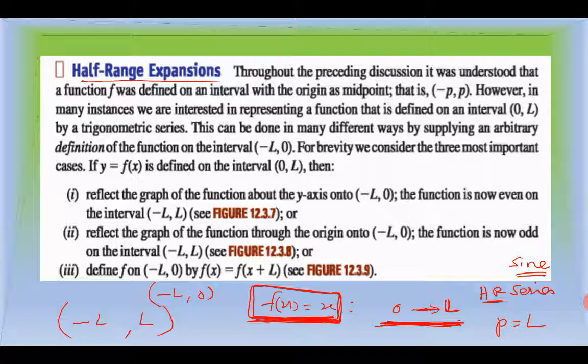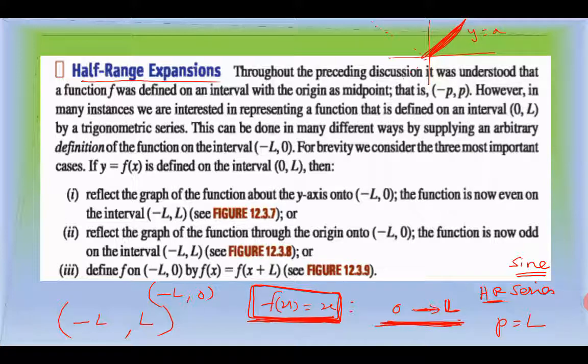How do you do it? See, f of x is equal to x is a straight line passing through the origin, at 45 degrees. If I consider another part on this side, this will become an even function.